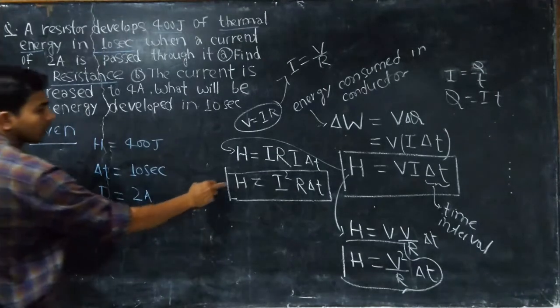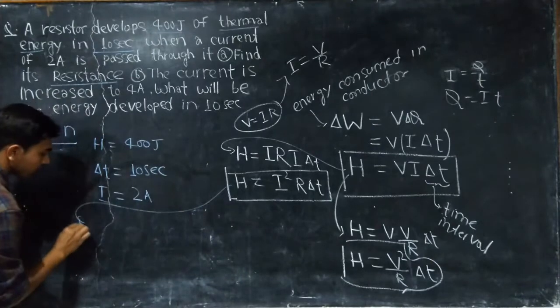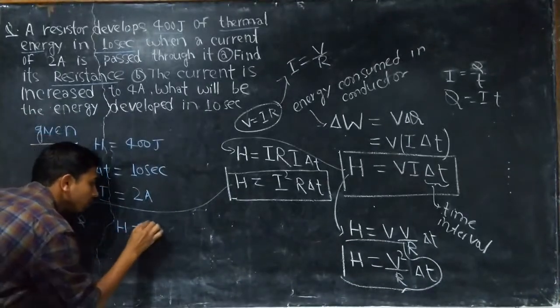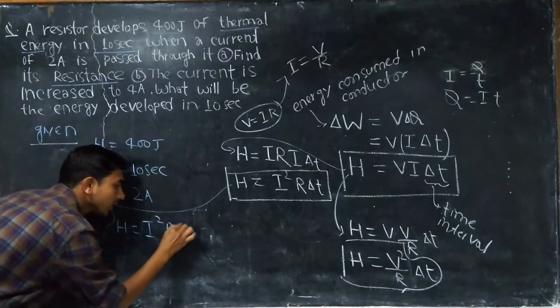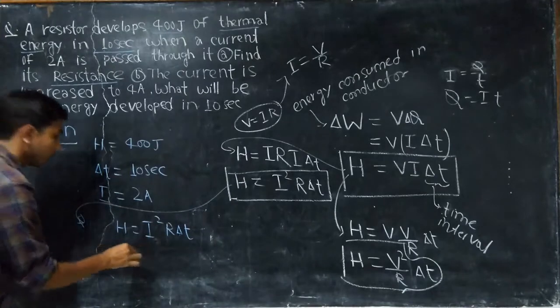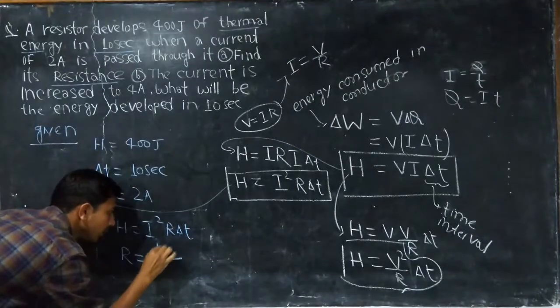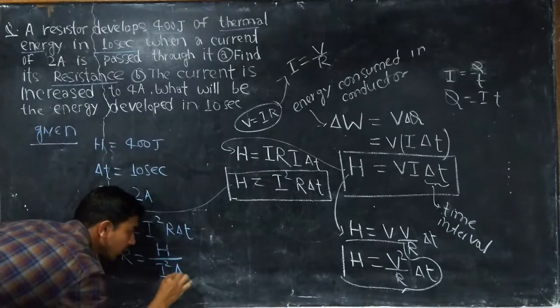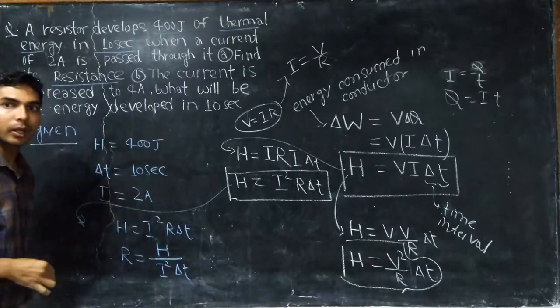H equals I square R delta T. So from here we can write R is equal to H by I square into delta T, right?